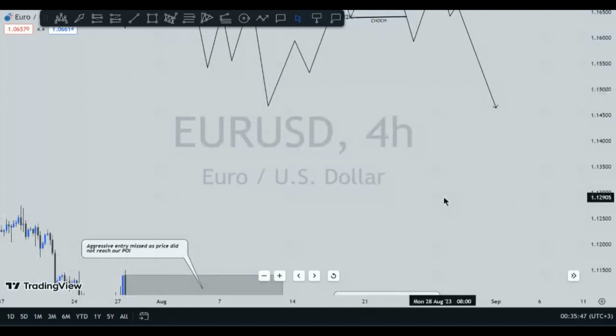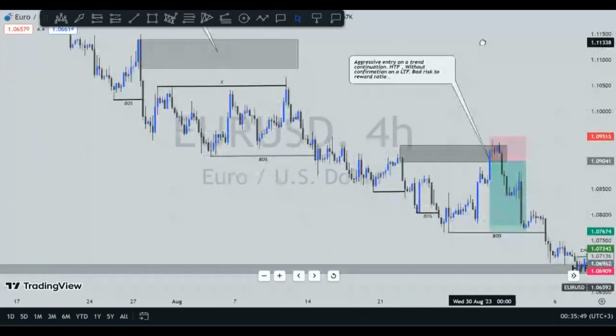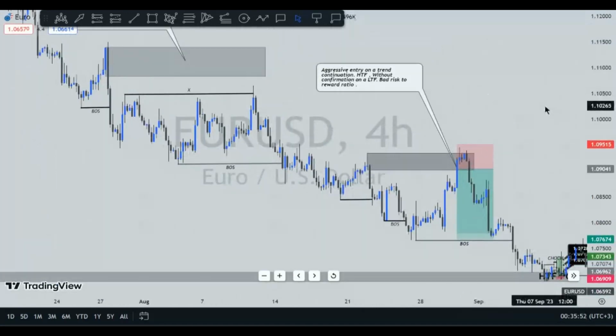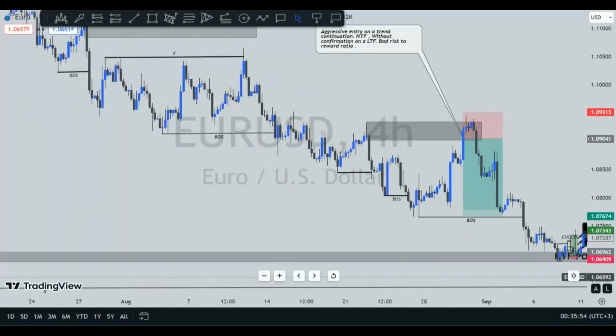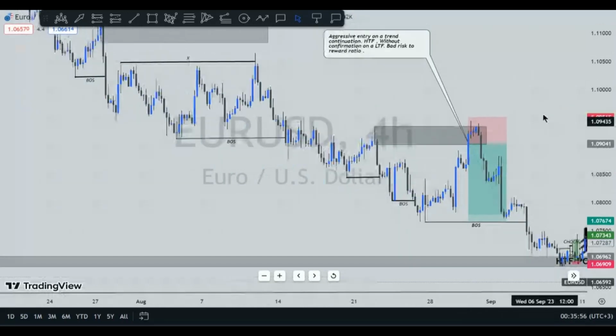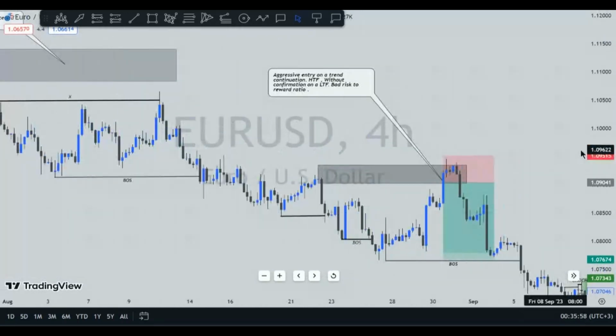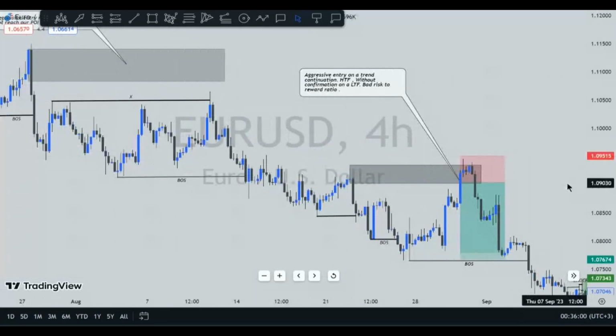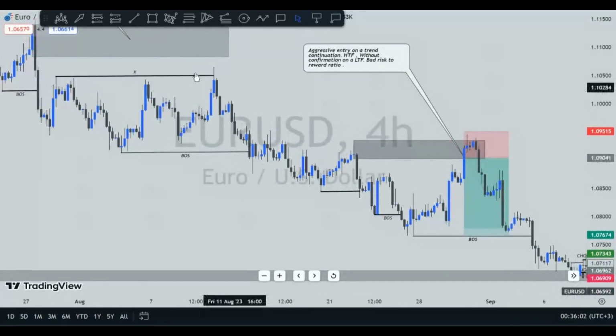Well, let me show you an example of an aggressive trade in a trend continuation. So as you can see on this chart, this trend here is a downtrend. It's a clear downtrend because there are breaks of structure to the downside.